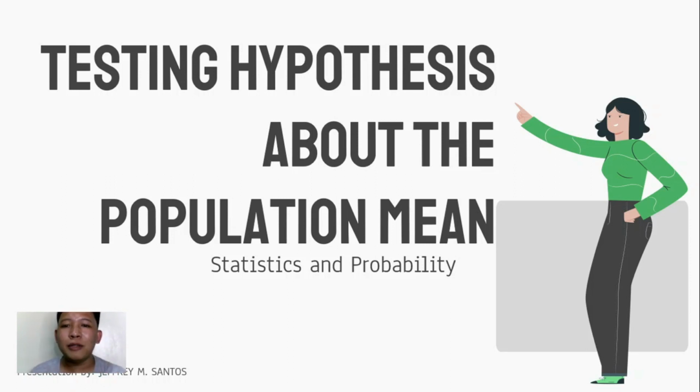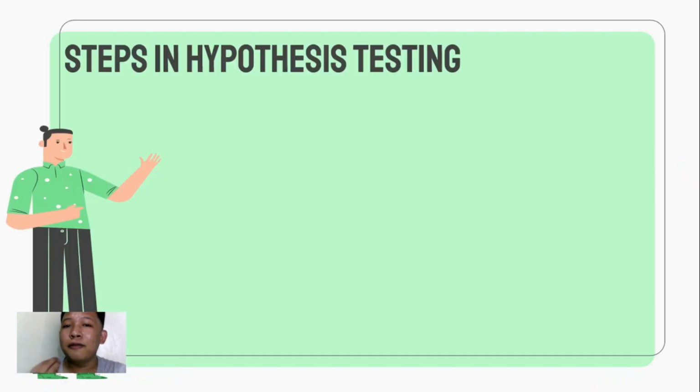So, as we test our hypothesis, of course, kailangan nating sundin ang iba't ibang procedures or steps para makapag-come up tayo with an accurate decision. Okay? And here comes the following steps in hypothesis testing. Hypothesis testing is somewhat like a problem solving.